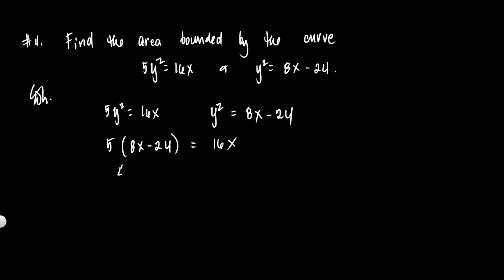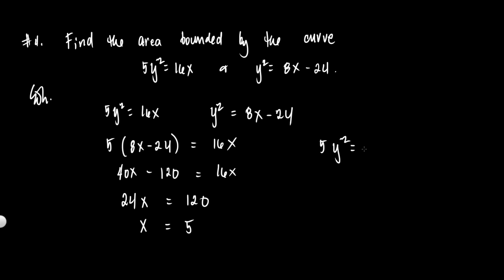So 5 times 8, we have 40x minus 120 equals 16x. 40x minus 16x is 24x. Transpose, positive 120. So we have x equals 5. When x is 5, 5y squared equals 16 times 5. Cancel. So we have y squared equals 16, or y is equal to plus or minus 4.